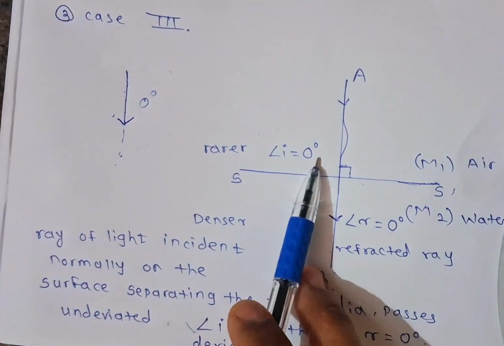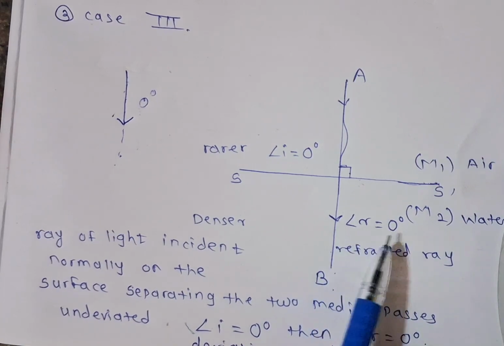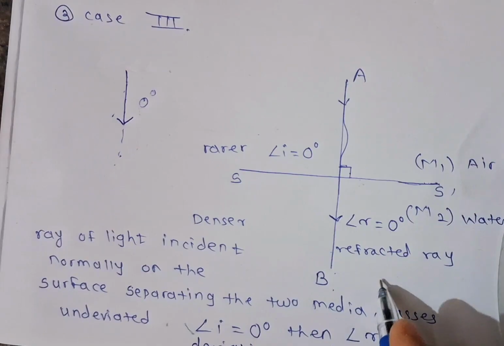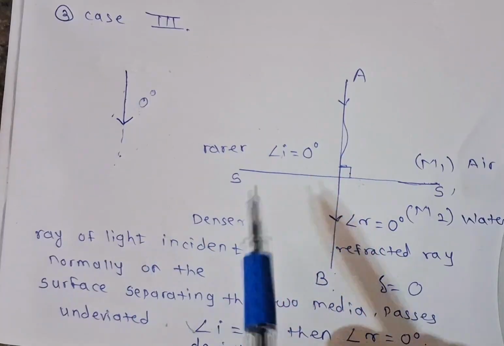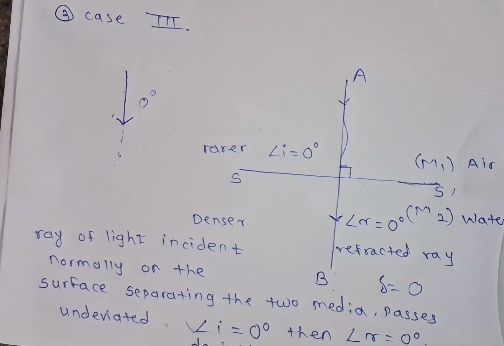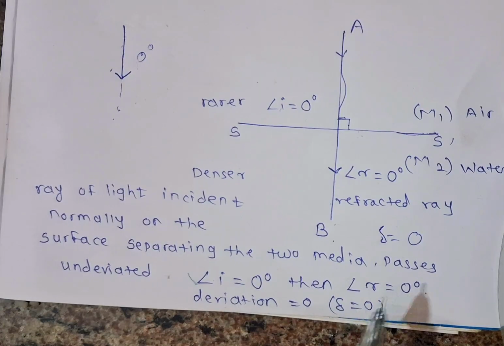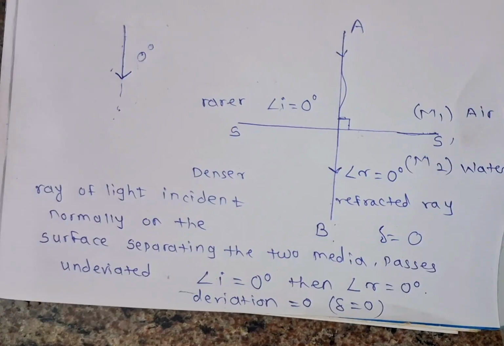So the angle of refraction is 0. So of course the deviation will be 0. If we do I minus R or R minus I, it is 0. So here we write, angle I is 0, angle R is 0, then deviation must be 0. These are all three cases.